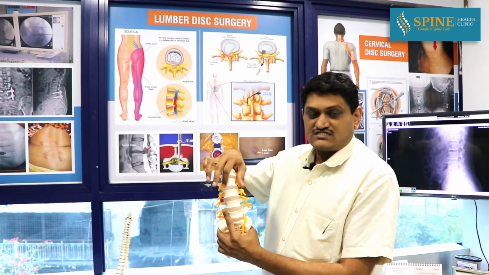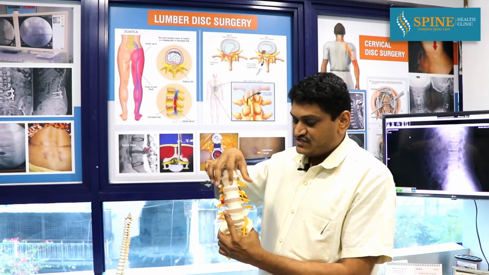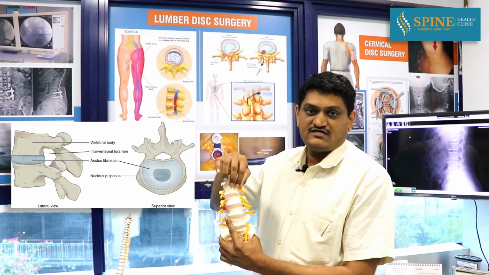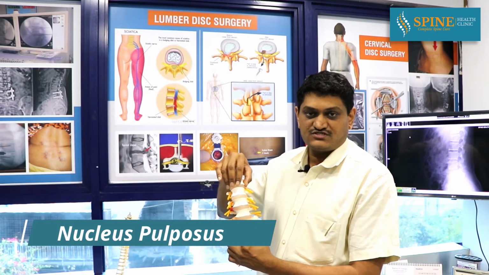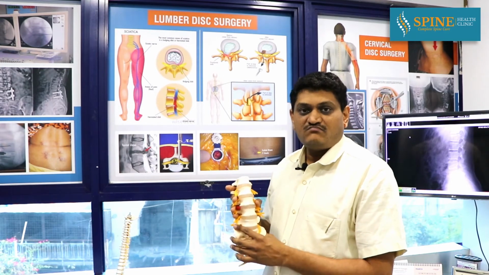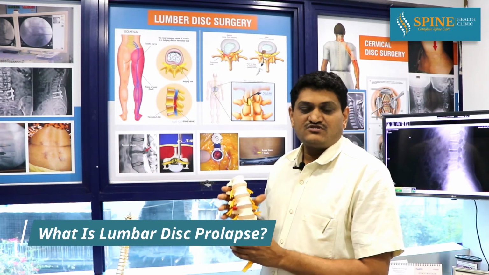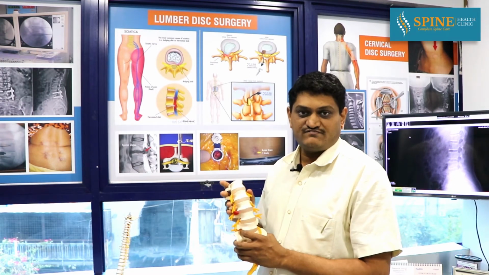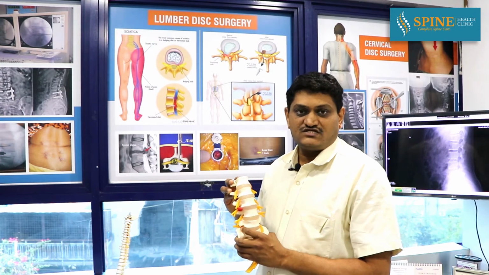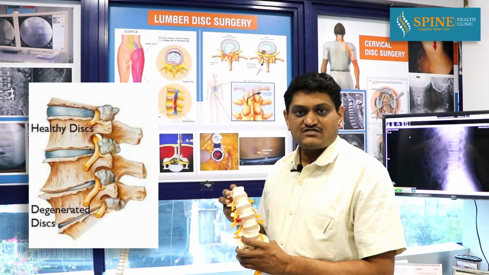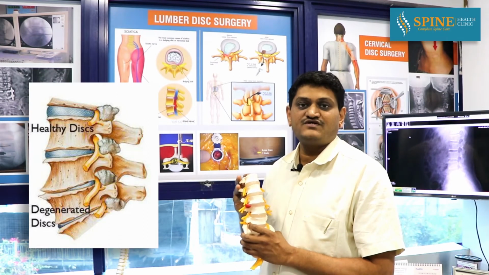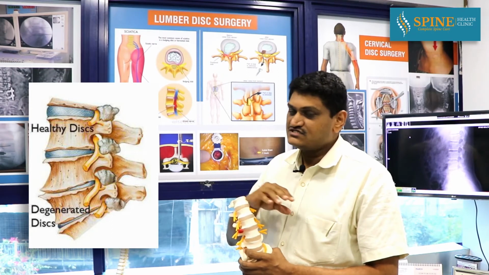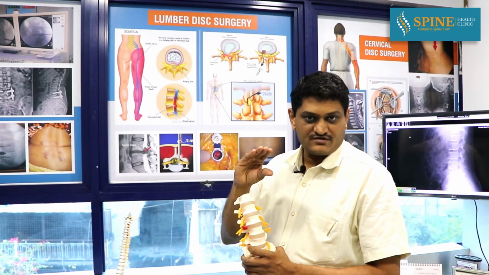This disc is more like a shock absorber. It has an outer covering which is tough, and there is a soft gelatinous material inside called the nucleus pulposus. Now what do we mean by lumbar disc prolapse? There are various medical terms by which we can describe this. Disc degeneration means losing the hydration of the disc, so it becomes more like a dry disc, and it no longer acts as a shock absorber.